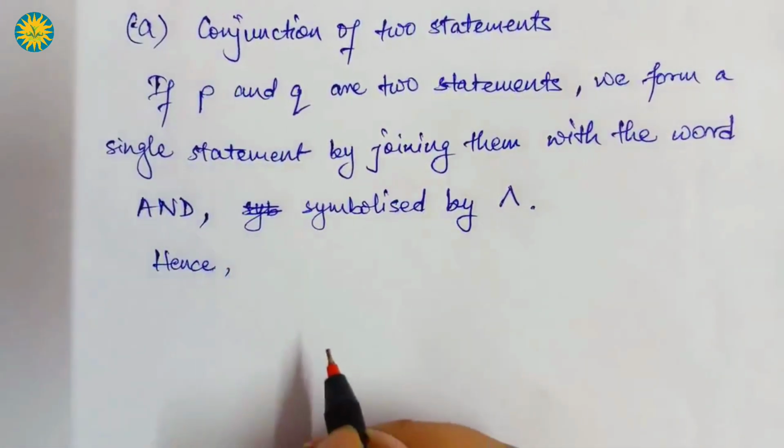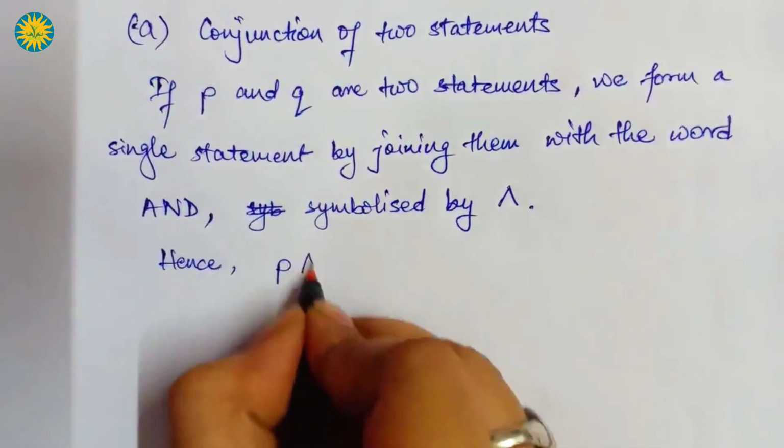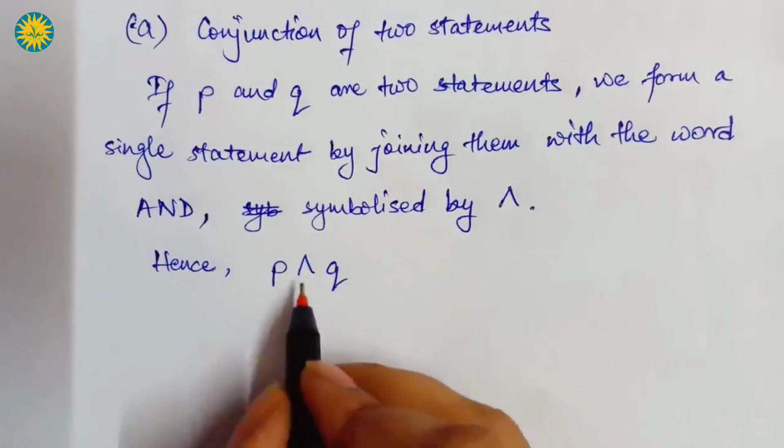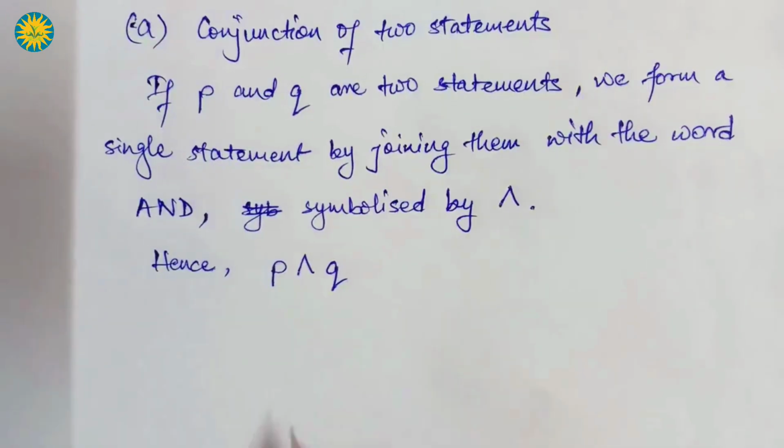Hence, the two statements joined can be written as P and Q. This is read as AND.